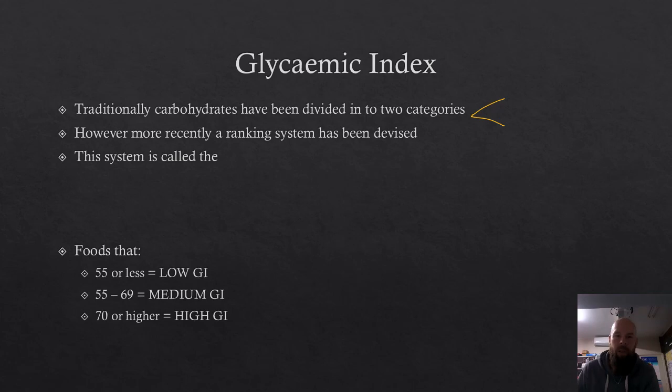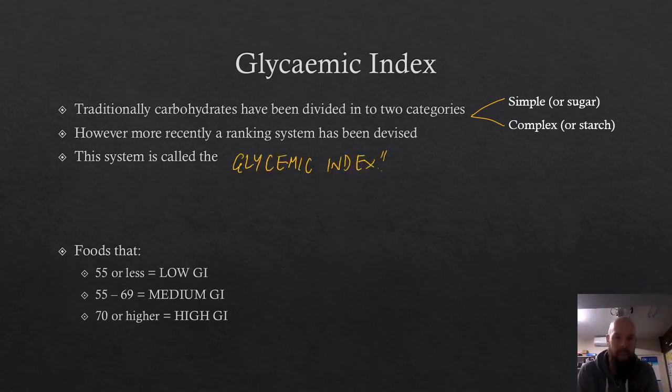Traditionally, carbohydrates get divided into two categories, anyone know? Complex and simple, whichever way you want to look at it. So you've got sugars and starches. But a little while ago, they devised a different system, and that was called the glycemic index.